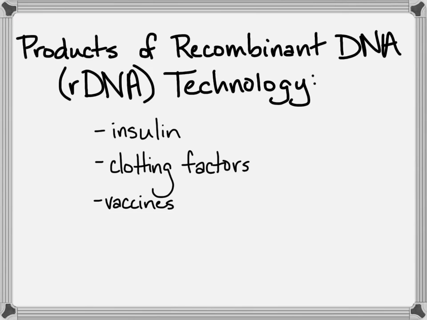So any protein-based product that could be the end result of a gene that we put in that target DNA sequence, the bacteria could produce for us. We can create crops with all sorts of desired traits, things like sweetness or fungal resistance or herbicide resistance.